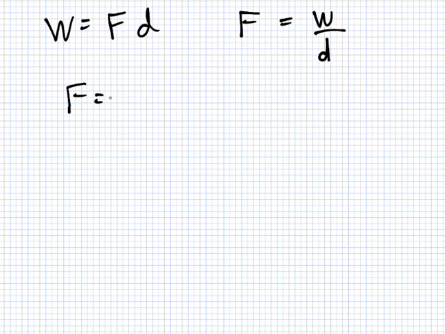If I stop it from moving, it means I've done some work. It's like I robbed its kinetic energy because now it's not moving. So if it was moving with 1 joule and then I stopped it, I have done work of 1 joule to stop it.